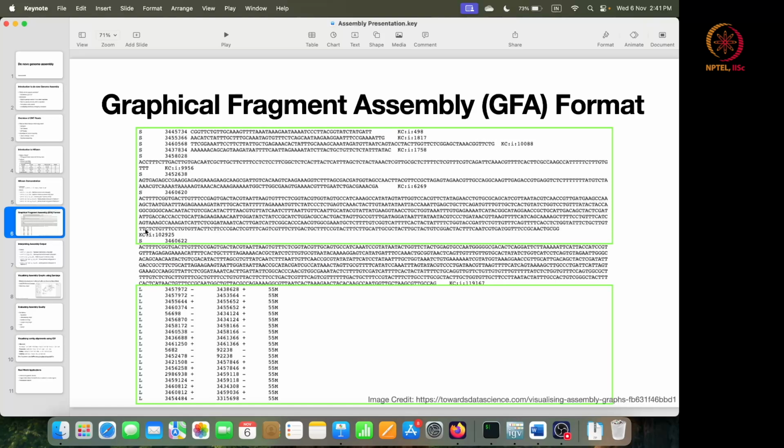Once we have stored the segments, we also need to store the edges between these segments. These are stored in the link lines indicated by L here. The link lines contain information about the edges between these segments. You store the segment ID, the orientation of the segment ID to which the edge is being drawn, and the orientation of that segment, and any additional information about potentially the length of the overlap or something along those lines.